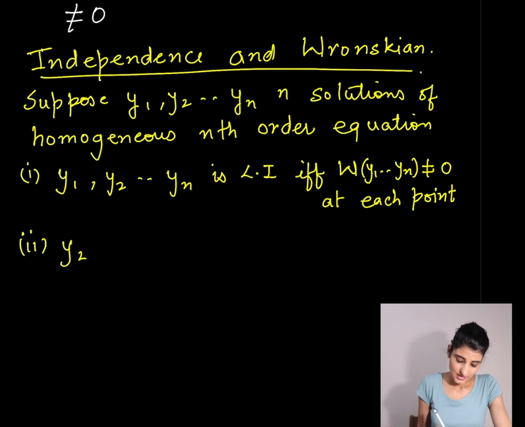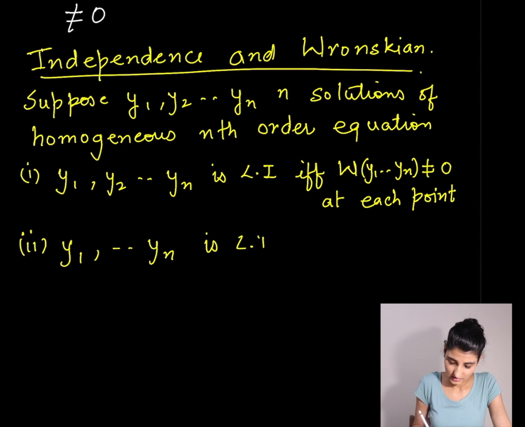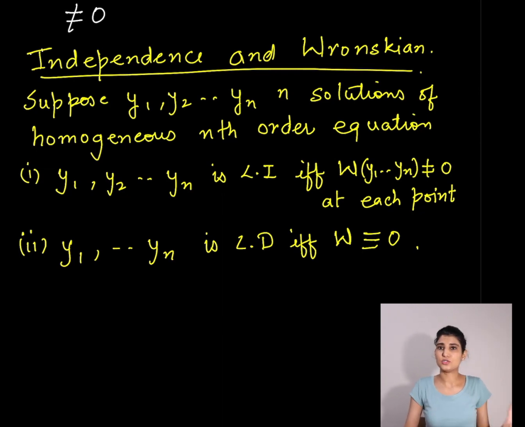Okay, and the second case is if this set is linearly dependent. This can happen if the Wronskian is identically equal to 0. So you have only two cases.